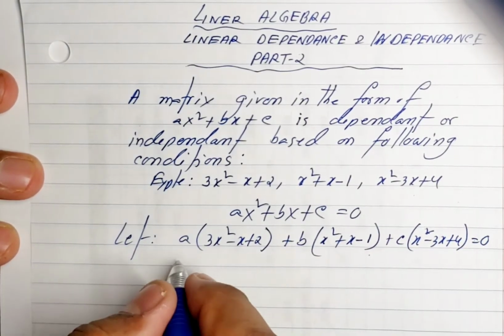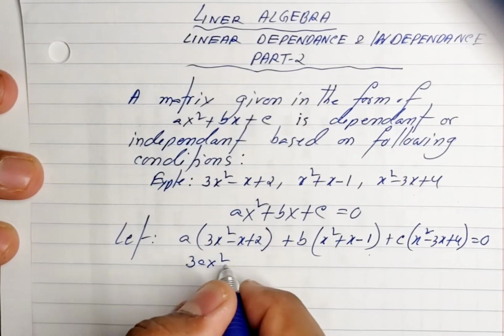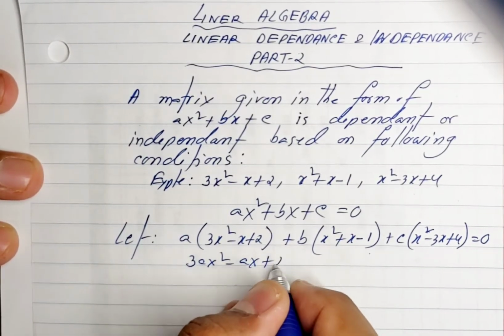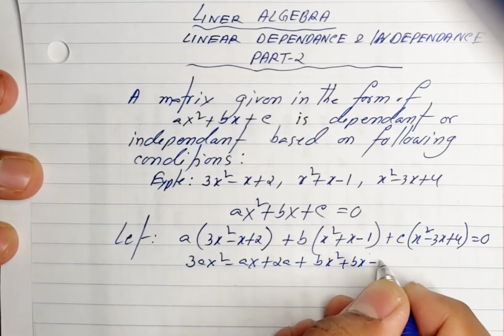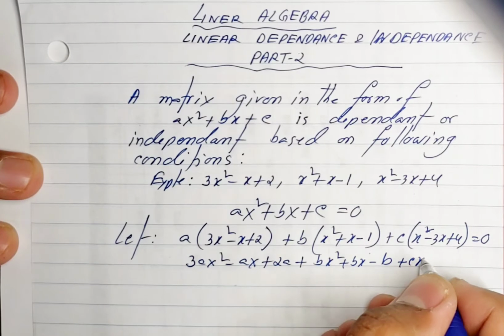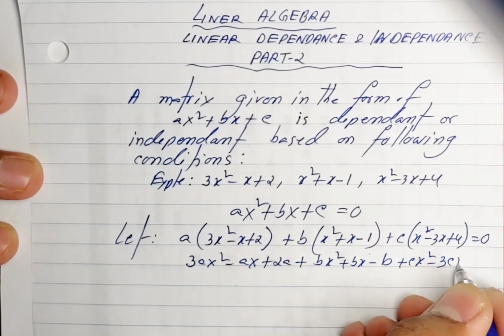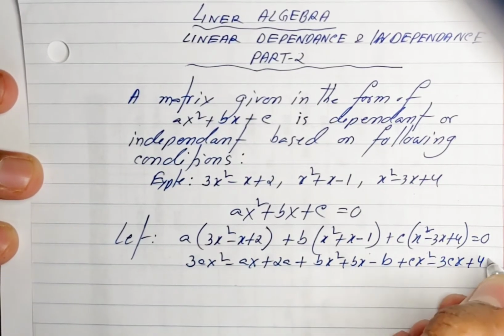Now, if you remove the brackets, you get 3a x squared minus ax plus 2a, plus bx squared plus bx minus b, plus cx squared minus 3cx plus 4c equals 0.